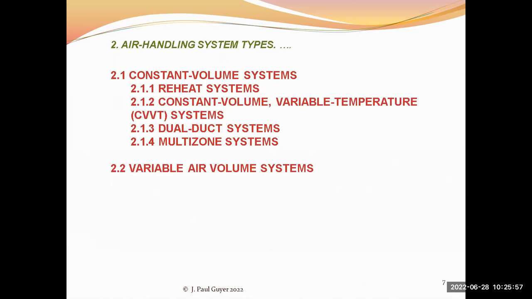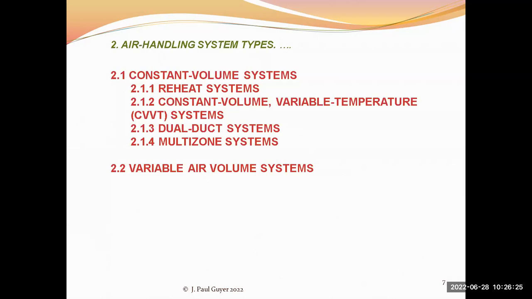One is reheat systems. With a reheat system, the air is cooled down back in the cooling coil in the air handler, below the temperature that is comfortable for occupants.